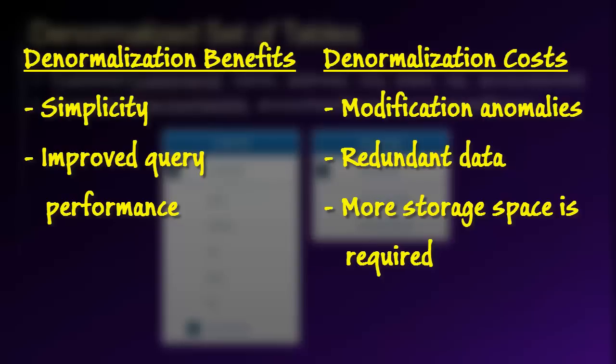In summary, then, you should denormalize your data design only when there is a defensible business reason for doing so. And remember that by denormalizing your database design, your database will now be exposed to the possibility of having problems that it might not otherwise have.